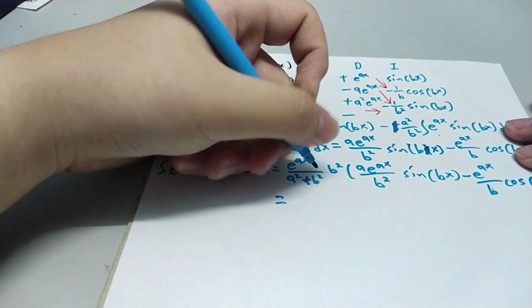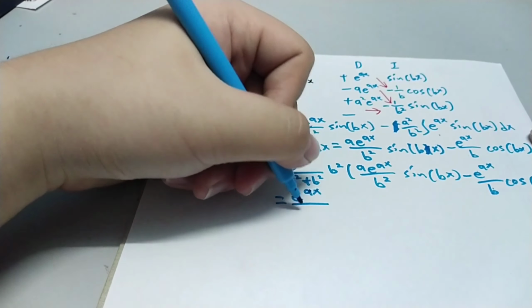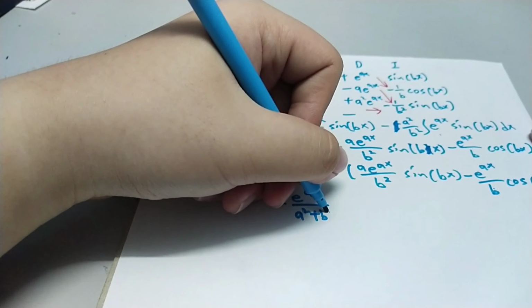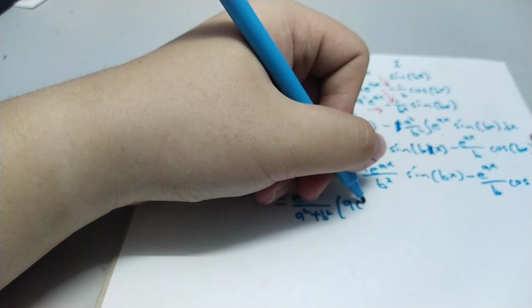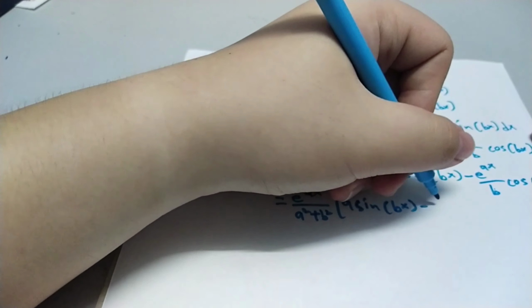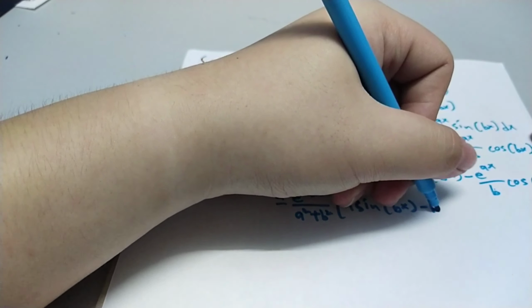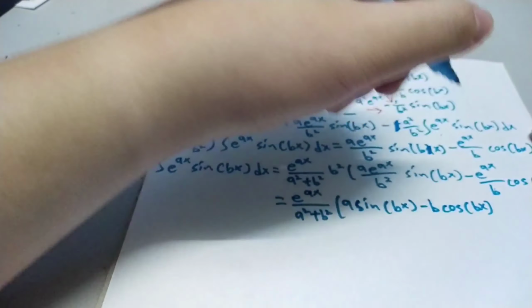This is equal to e to the ax over a squared plus b squared times a times sine of bx minus b times cosine of bx.